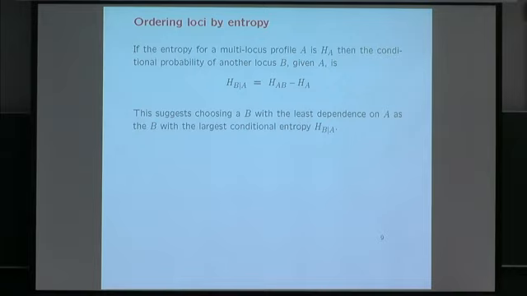The entropy of the new locus conditioned on the previous haplotype, the previous markers, is just the difference of the joint entropy and the marginal of the haplotype. This suggests that we might build, this is not my idea, it's from those papers I referred to, we might build up the profile by choosing to add markers which are most independent, have the least dependence on the previous markers.